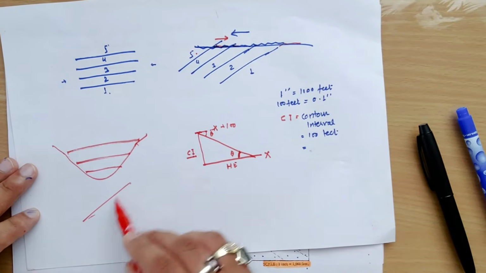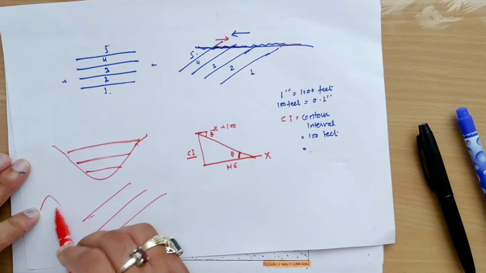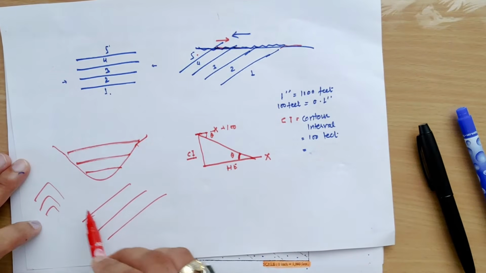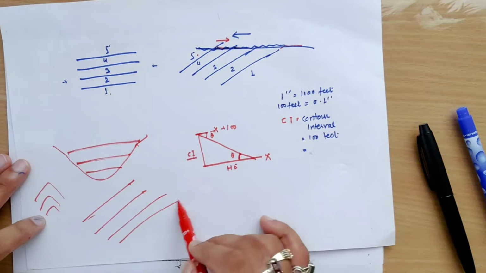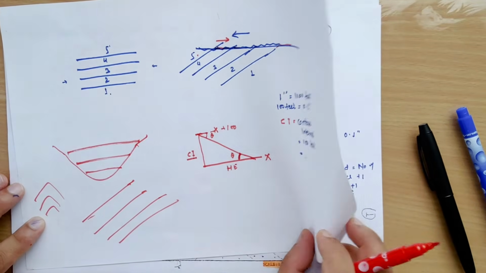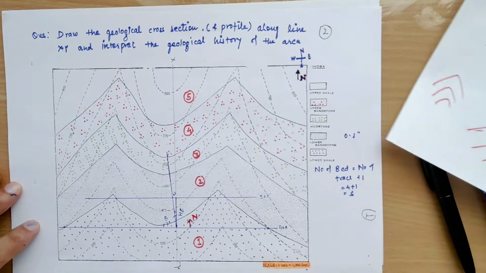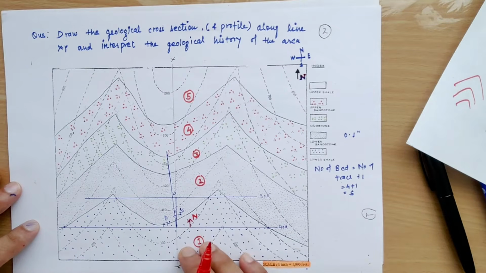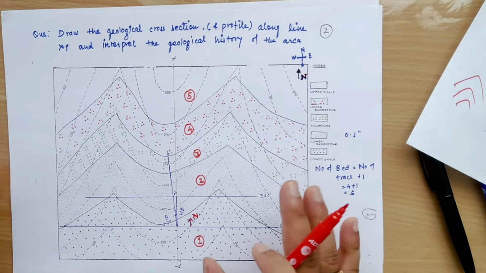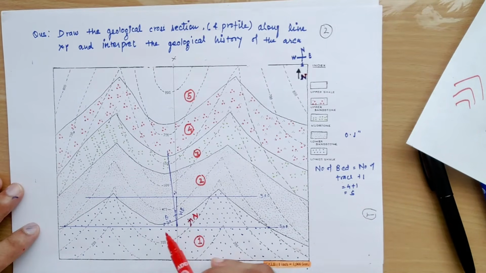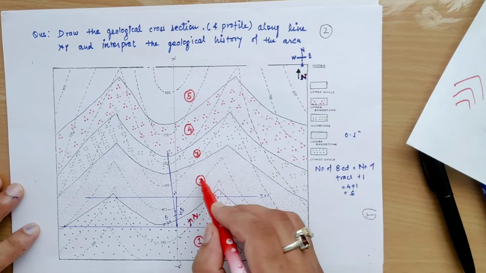But if you are getting inclined beds or folded beds or faulted beds, they are produced because of deformation of originally horizontal beds. So here it is deformed because it is not horizontal, rather it is inclined at certain angles. So we can interpret the history of this particular area by knowing the ages of the beds.